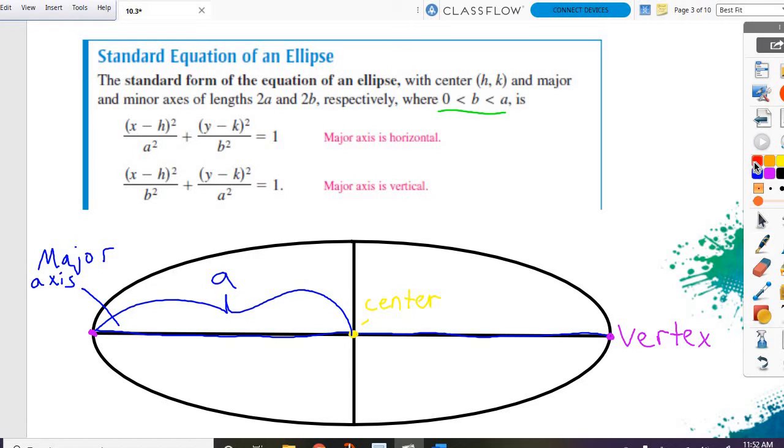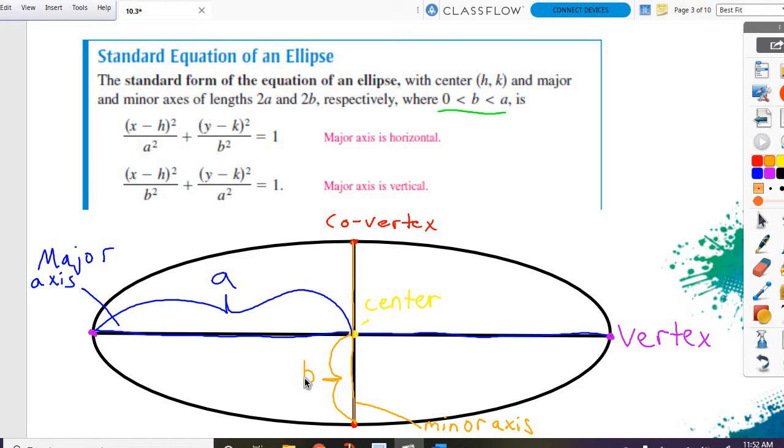Likewise, we have our co-vertices, and there are two, and they are along our minor axis. And its length is going to be 2b, which means that the length to one of ours is just b.